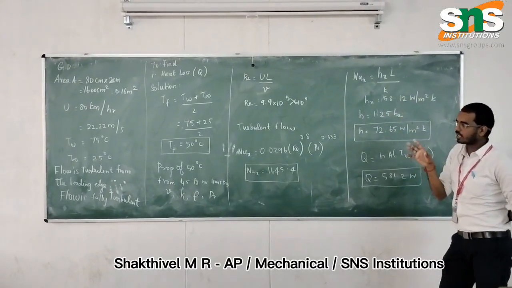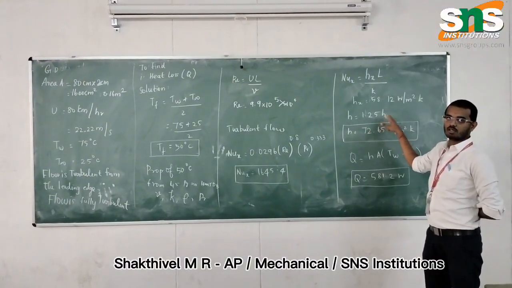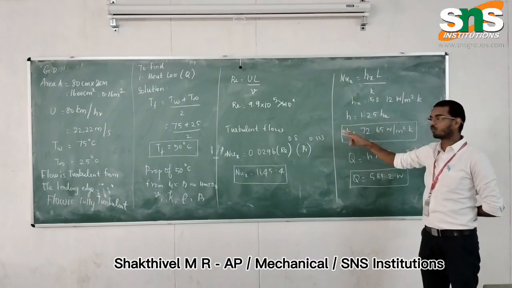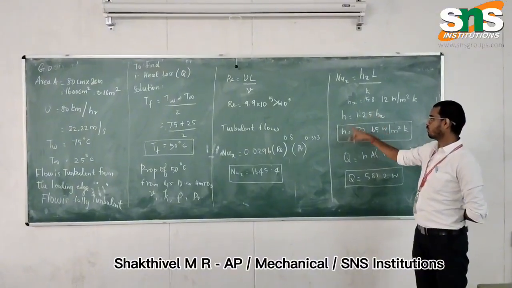If it is laminar flow, the formula is h equal to 2 into h x. If it is turbulent flow, it is 1.5 into h x. If it is fully turbulent flow, then h is equal to 1.25 into h x. So substitute the h x value, we can get h.